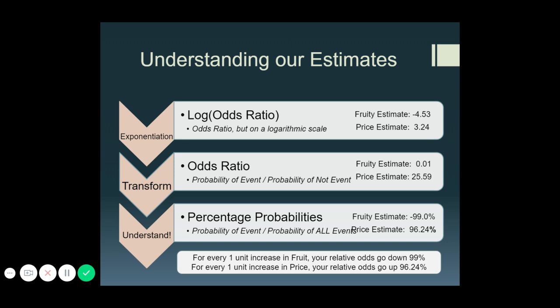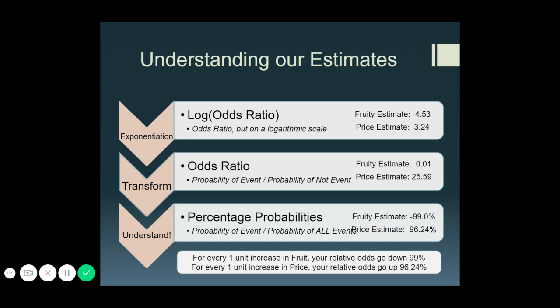So we have to take that into account. So for every 1 unit increase of the candy bar being fruity, you have relative odds compared to the unit before go down 99%. So the probability of it being chocolate decreases for every increase you have in the probability of it being fruit.